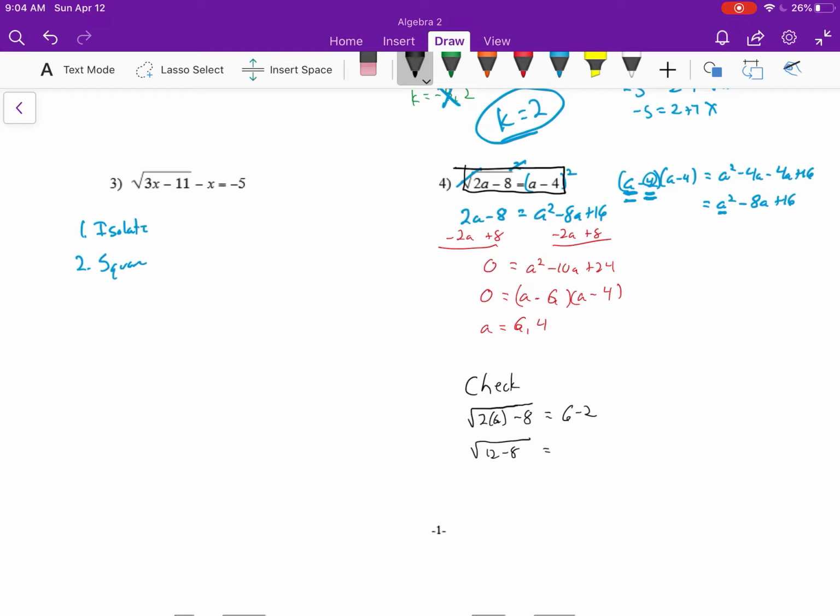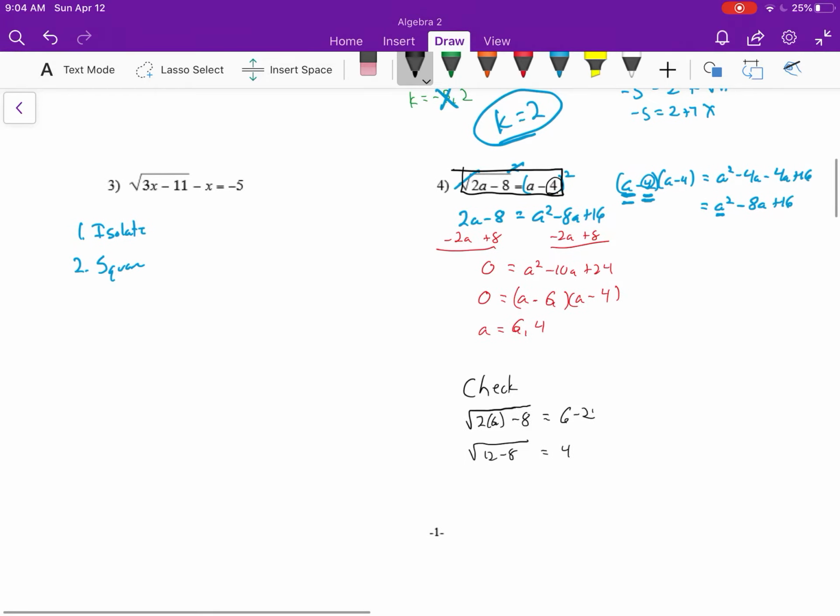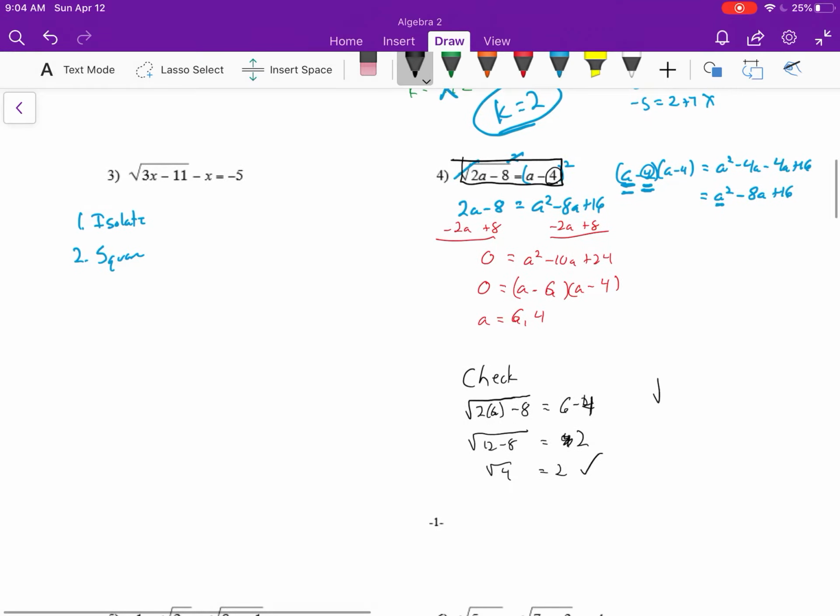So that's the square root of 12 minus 8 is equal to 2. I'm sorry, I wrote this wrong. This should be a 4, I put a 2. So this is the square root of 4 equals 2. That is correct. So 6 works.